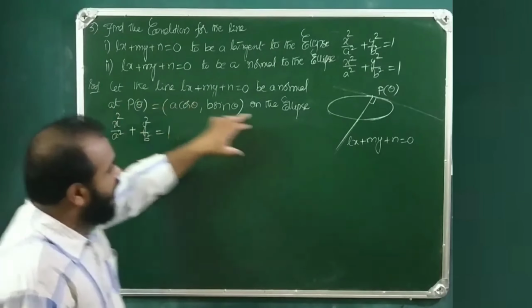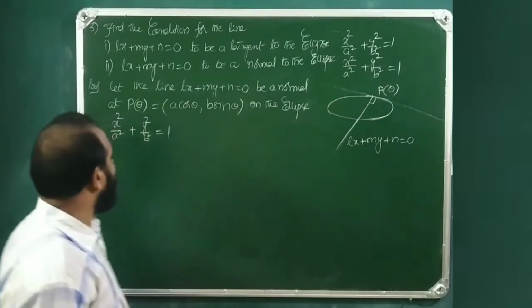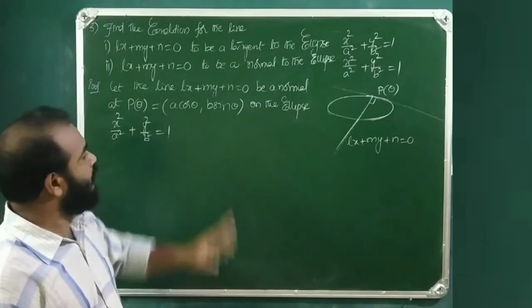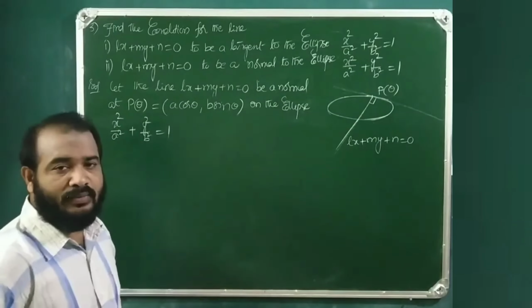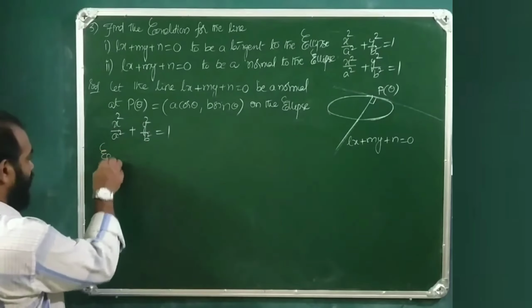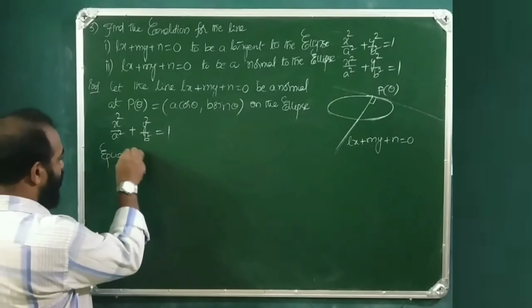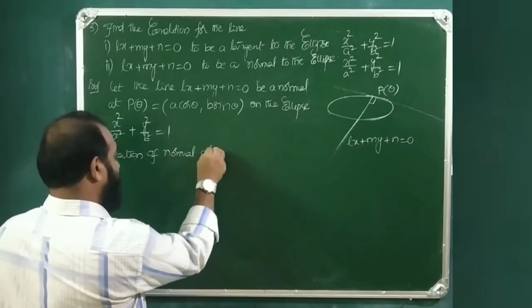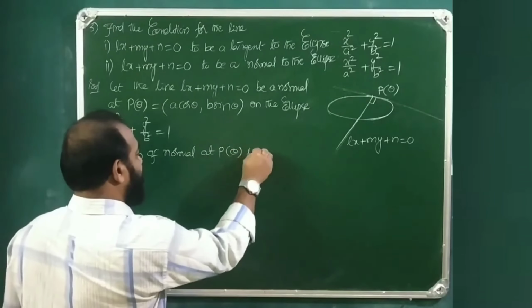So let the line Lx plus My plus n equals to 0 be a normal at p theta, which is a cos theta, b sin theta on the ellipse x square by a square plus y square by b square equals to 1.